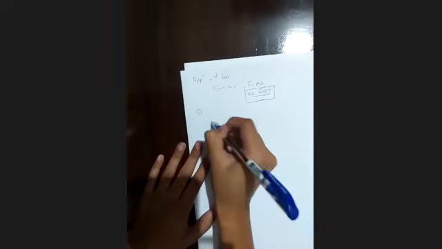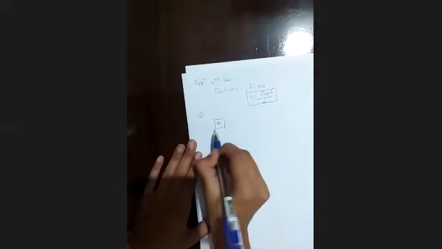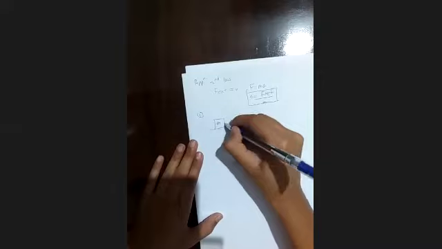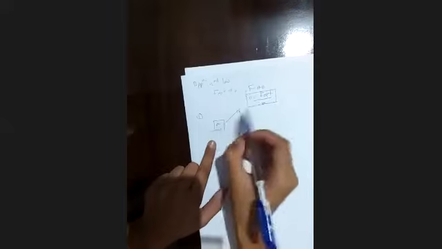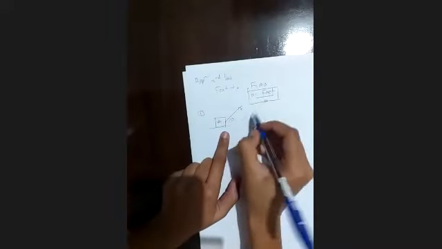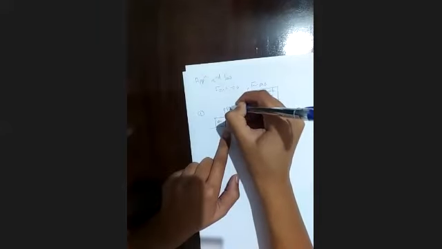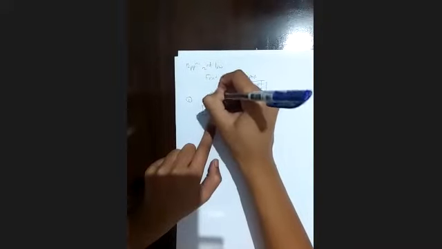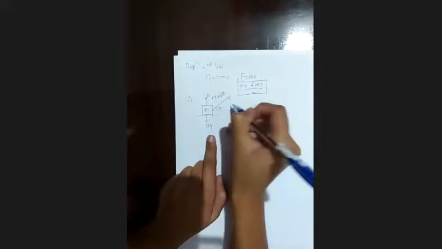Suppose this is a block of mass m on the ground. Here a force is applied in this direction like this, and this angle is theta. So we know that by component division it is coming as F cos theta, and upward as F sin theta. The normal direction also goes upwards and mg downwards, and the acceleration is in this direction.